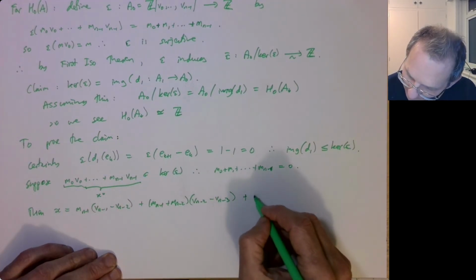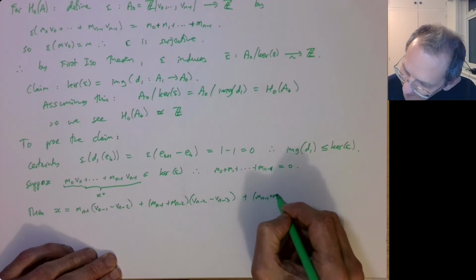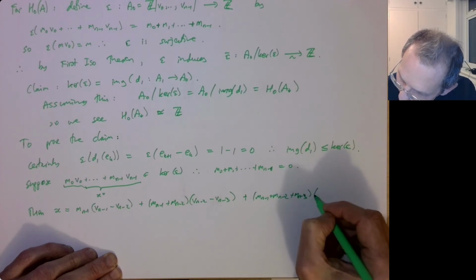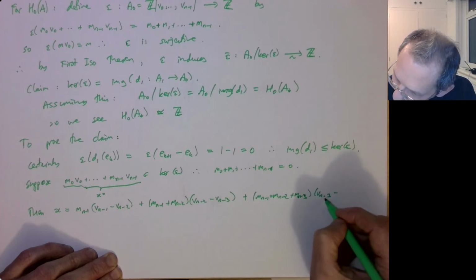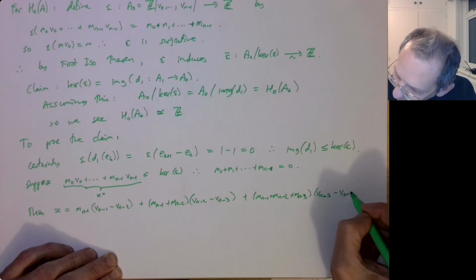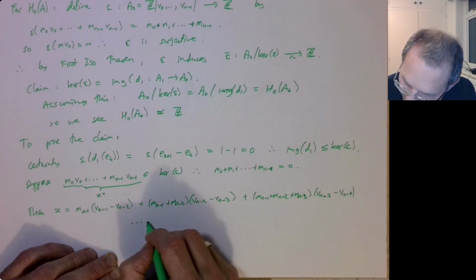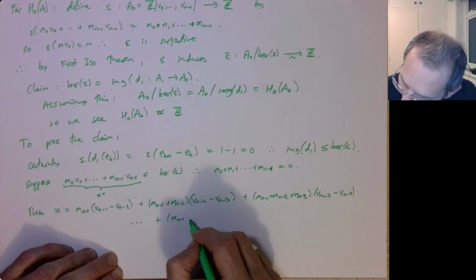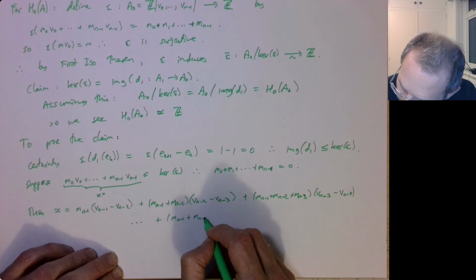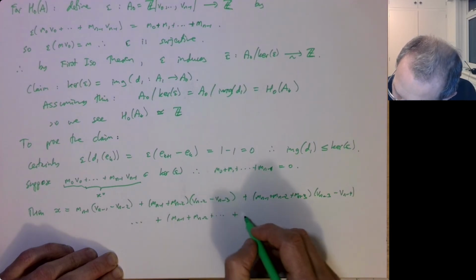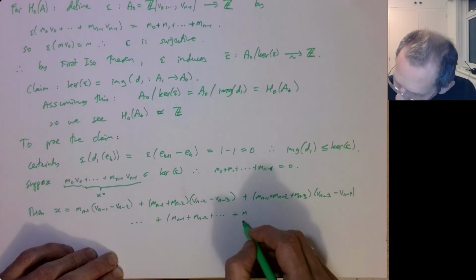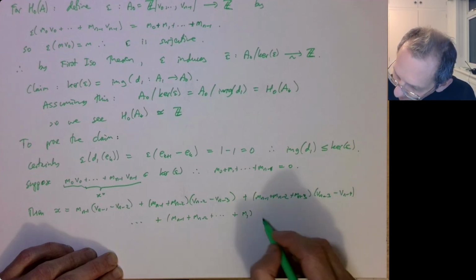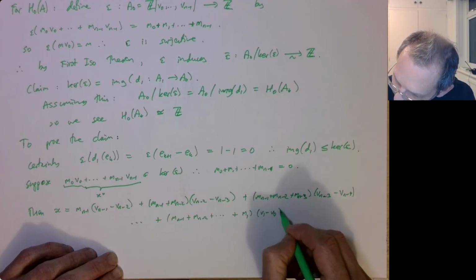And then I'm going to do mn minus 1 plus mn minus 2 plus mn minus 3 times vn minus 3 minus vn minus 4, etc. This goes all the way down to m1, and then you get v1 minus v0.